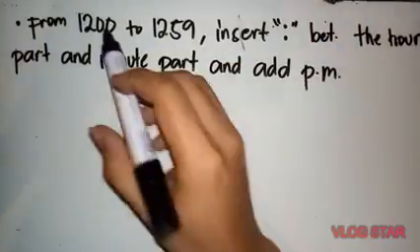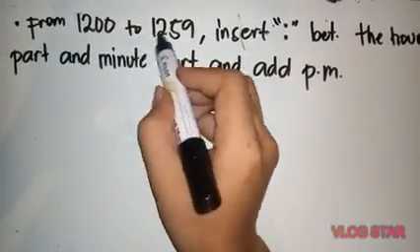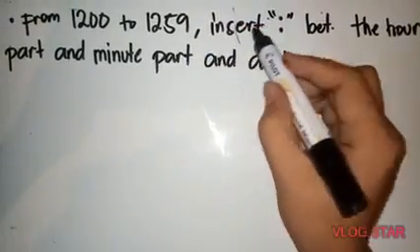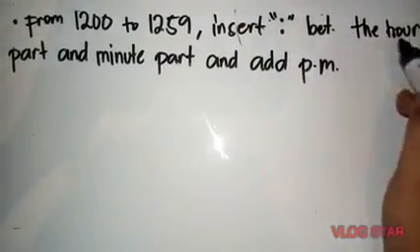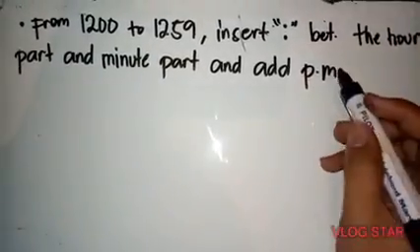So next is from 1200 to 1259. Insert this sign between the hour part and the minute part and add PM.